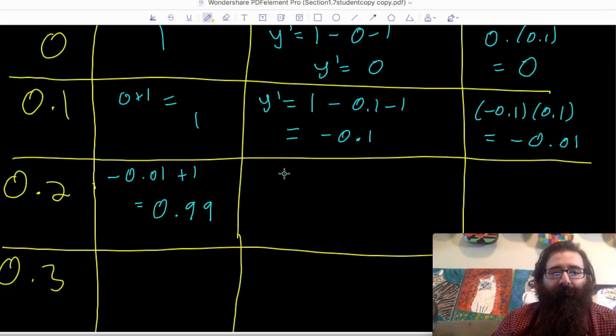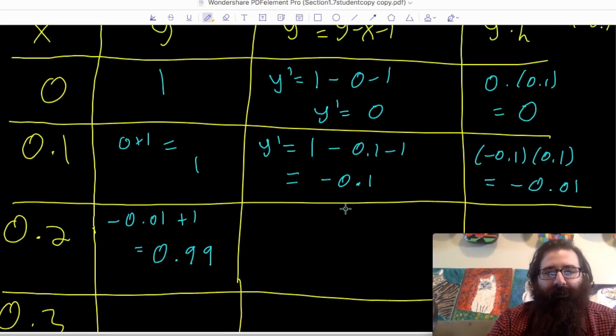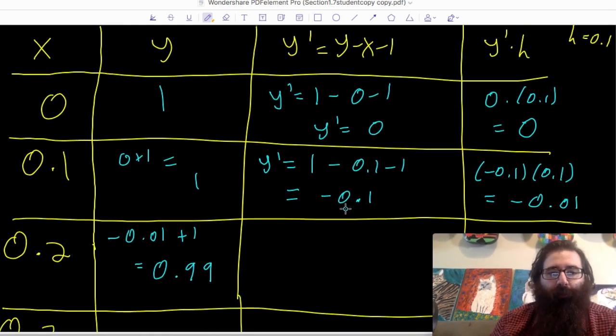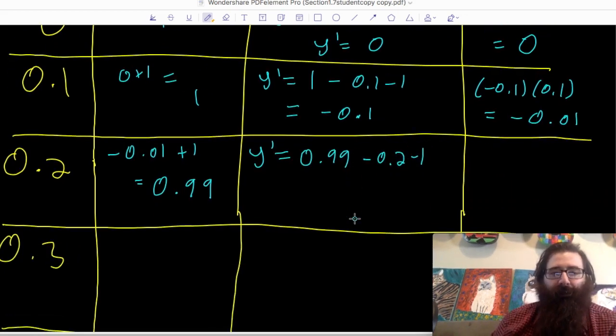Now into the differential equation again. We keep going, a lot of the same process all over again, but what we're inputting for x and y keeps changing. Here y prime is equal to y, which is 0.99, minus x, which is 0.2, minus 1. I can calculate this, and it gives me y prime equals negative 0.21.